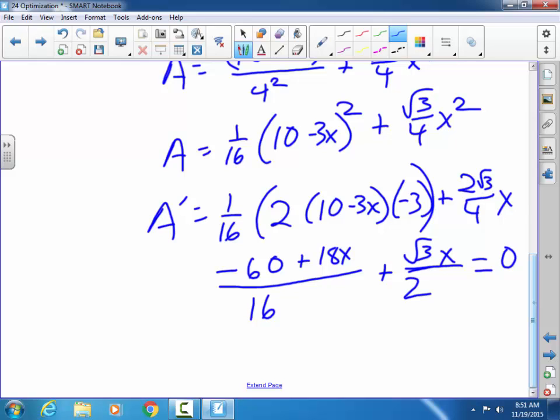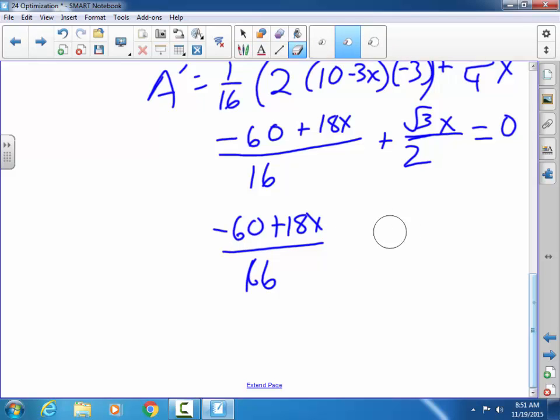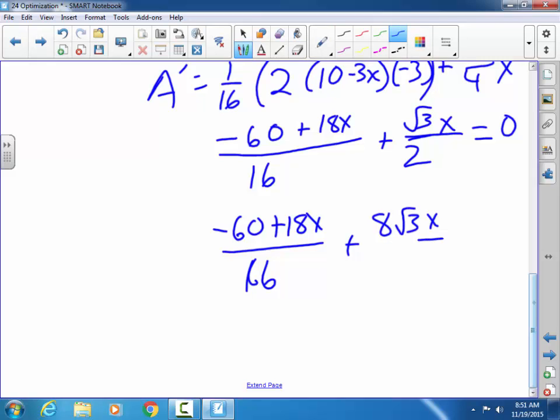How would you go about solving that ugly thing? What's the next thing you would do, anyone? Set the denominators to the same thing, or get a common denominator? Yes, you can get a common denominator now, and that's negative 60 plus 18x over 16 equals, it doesn't equal anything yet, plus 8 root 3 x over 16 equals 0.